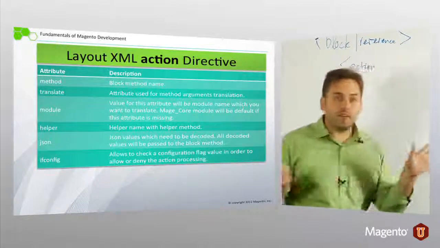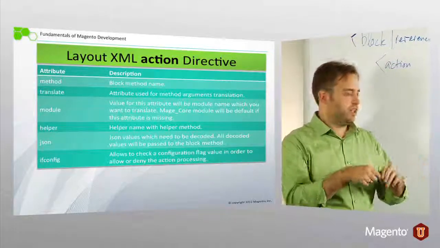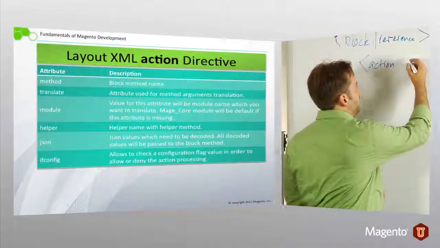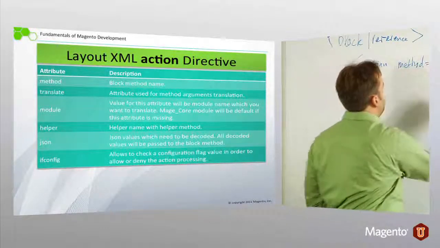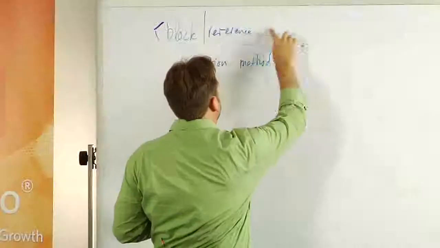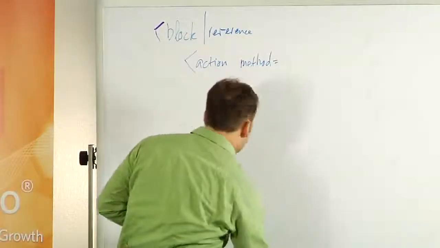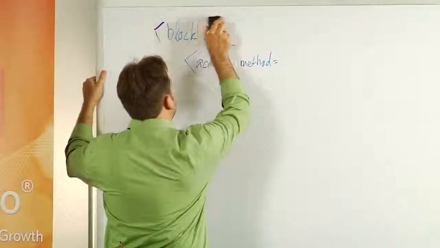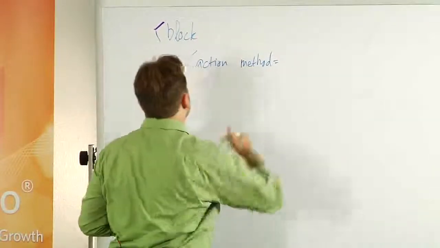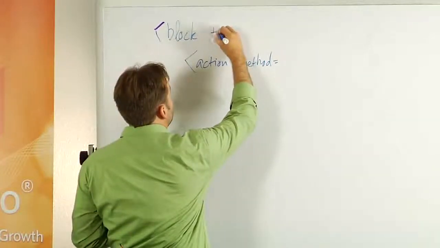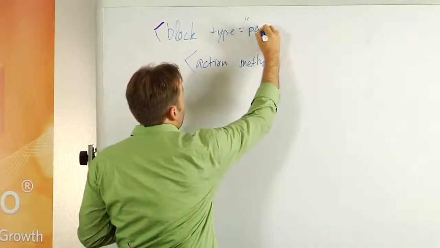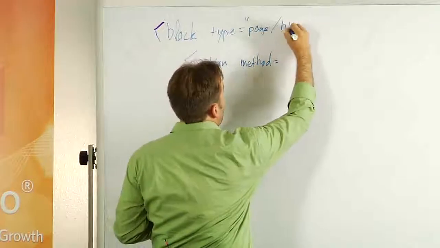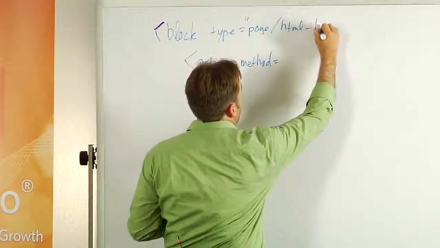So by far the most common usage, and you'll see this in layout XML if you look through it, is method. So let's say this is a page HTML head.